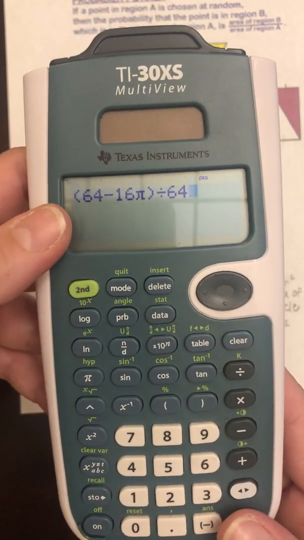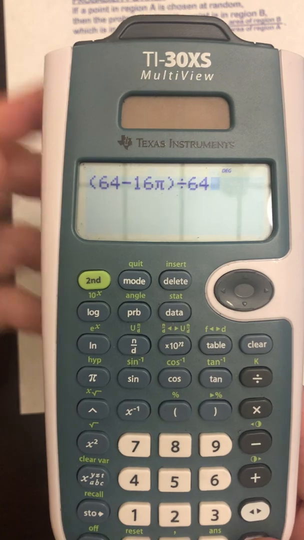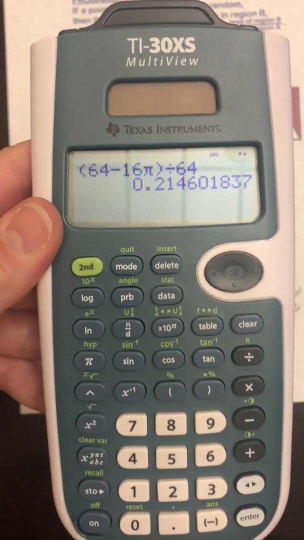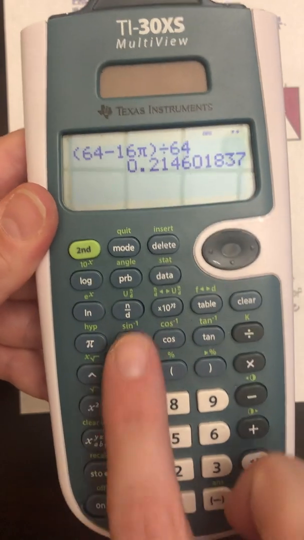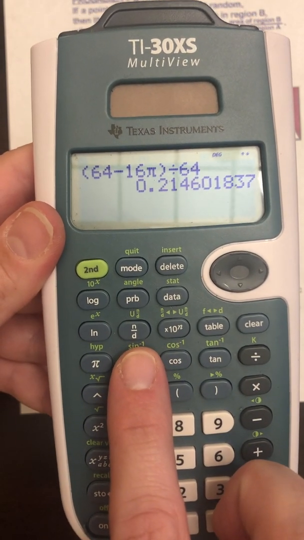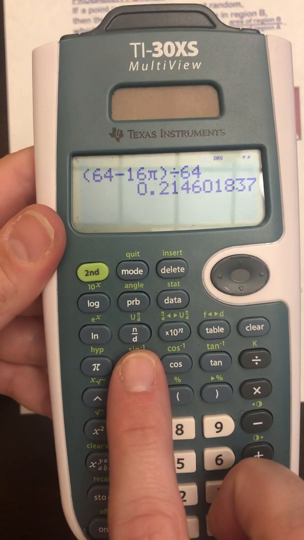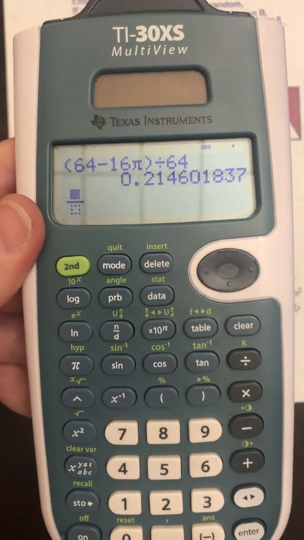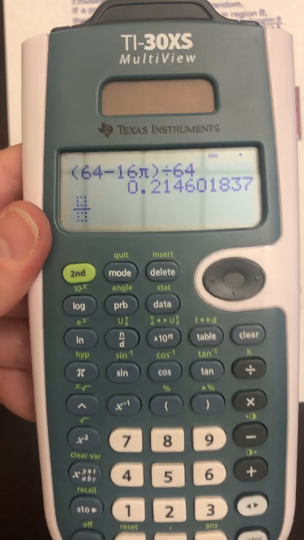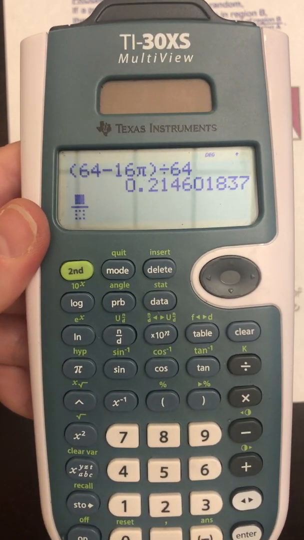Now I will tell you, if you're using a calculator like this one, there's the answer, but I'll come back to that in a minute. I have this calculator also in Math Print, so that button right there that has N over D, which stands for numerator over denominator, if I hit that, I get a fraction. If you use that button, there is no need to put parentheses around the numerator.